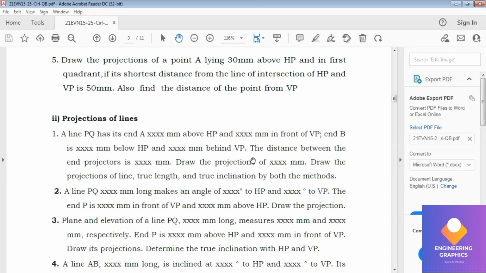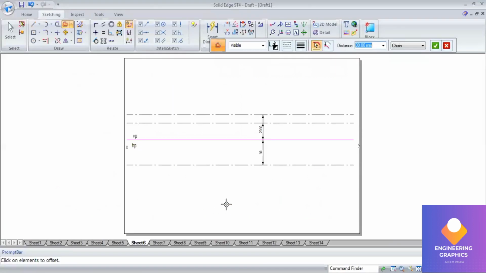So here I will consider some distance, 45 mm behind VP.